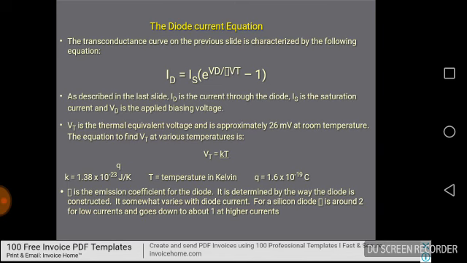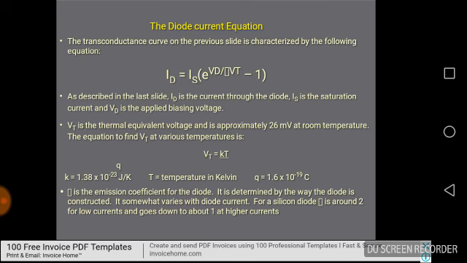That depends on how the diode has been fabricated or constructed, whether the PN junction is abrupt, step index or graded index. Depending upon that process, this emission coefficient will vary.